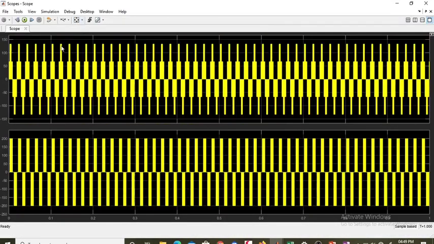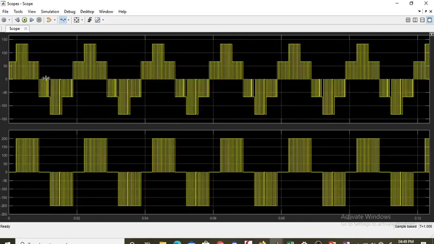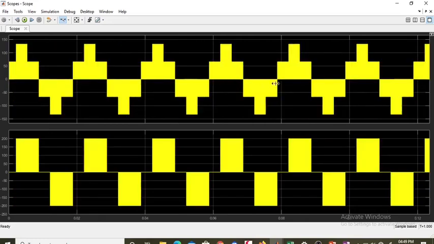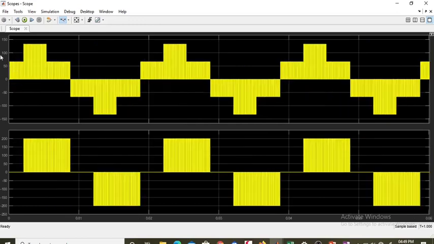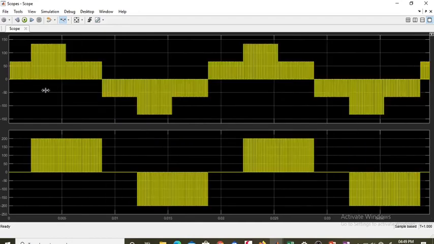Oh, that's looking very nice. And here I just zoom out this value, then you will get it looking like this. This value is the phase value, and this value is the line value which is shown here. And if I use that signal, it looks like this, which is very good to see.